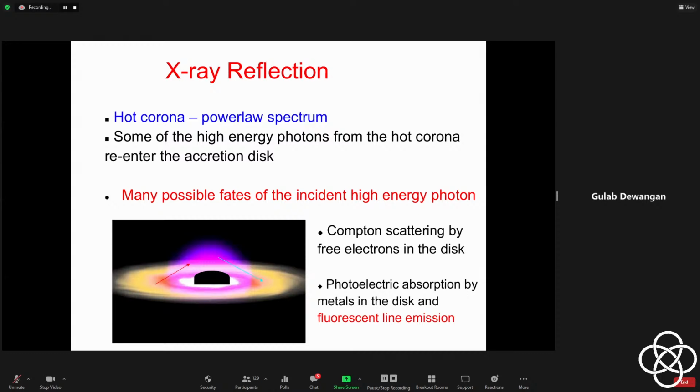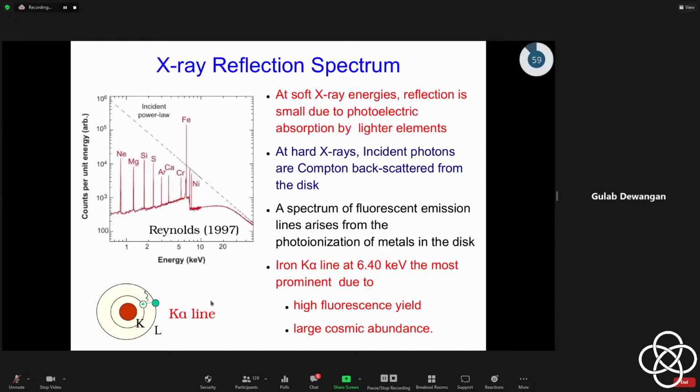And whenever there is photoelectric absorption, there will be a fluorescence line as well. So for example, look at this iron atom. As a result of the absorption of a photon above 7.1 keV, there is a vacancy here because the electron has been removed, and the ion is in an excited state.